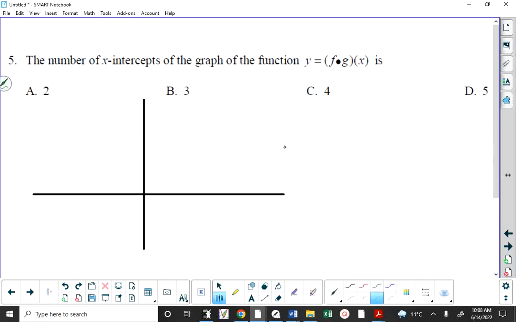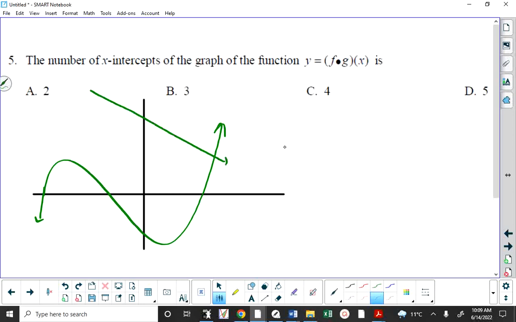It had maybe a cubic function, and it also had a linear function. And how many x-intercepts would the product of that have? And the answer is 4. And some people forget to consider that this continues and it's going to intersect somewhere. Anyway, is that okay, Arden?